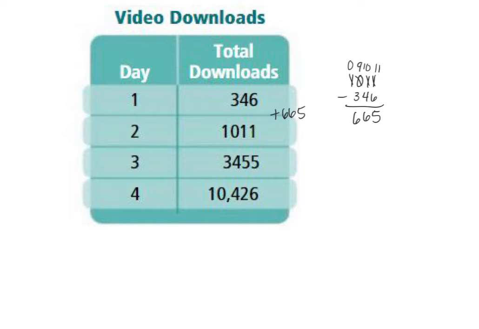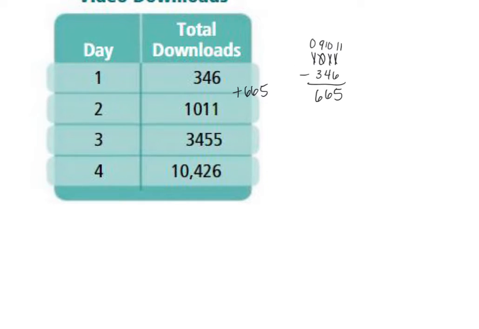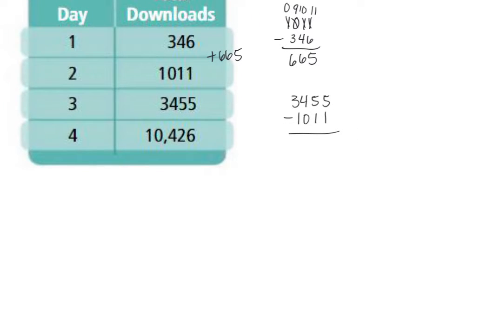We're going to do the same here. 3,455 minus 1,011. We've got 5 minus 1 is 4, 4, 4, 2. So it increased by 2,444.